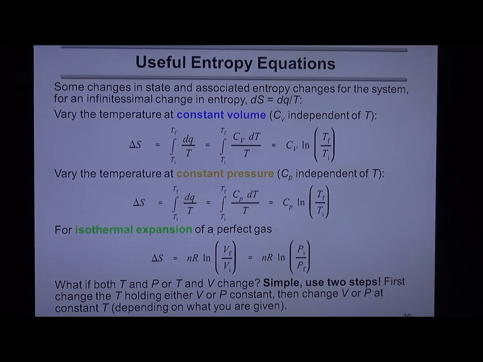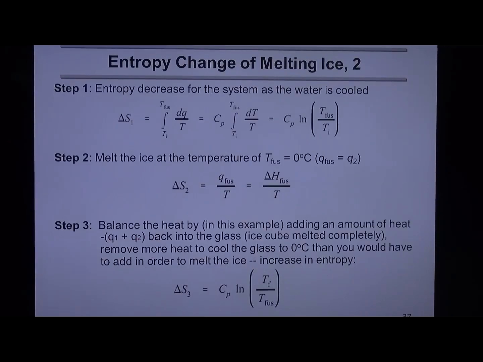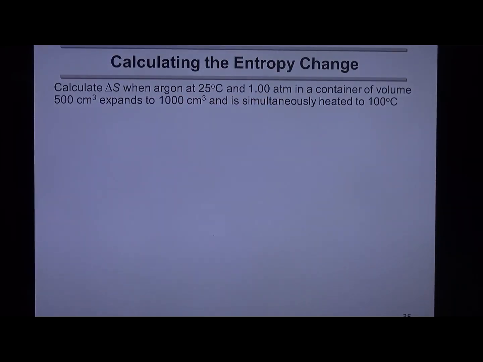What if any of these two variables change at the same time? What if both T and P, or T and V, change? How can you calculate entropy change? Actually, it's very simple. Let's go back to this example.